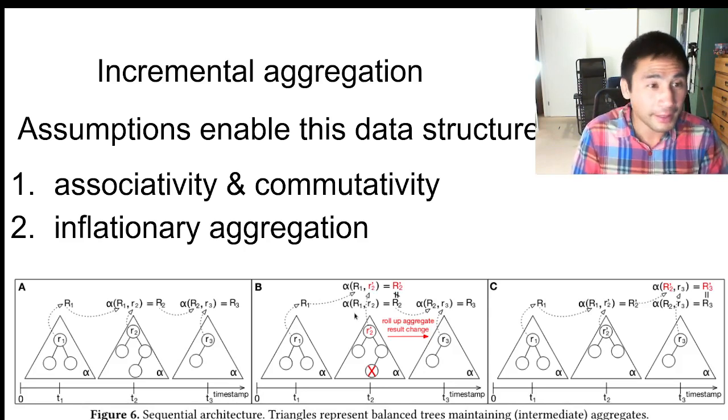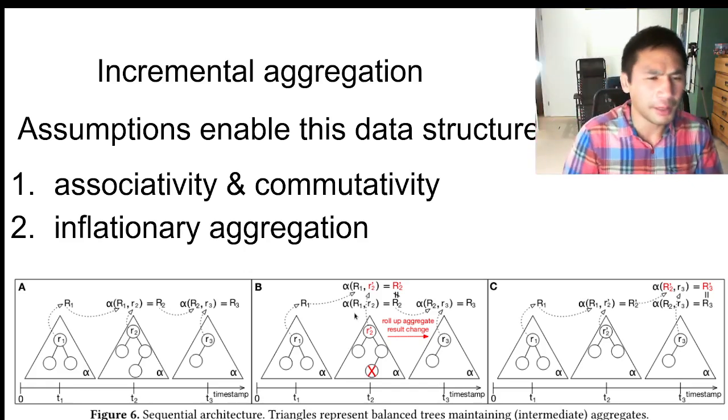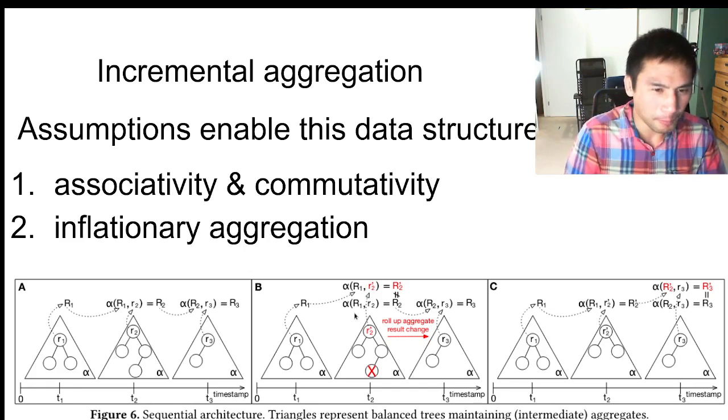Why? Because they enable this data structure. In particular, associativity and commutativity and inflationary aggregation are the key thing here. Let's try to talk a bit about the data structure. On the left in picture A, you have the initial calculation. Because of their assumptions, they know that when the change happens, they get rid of that relation. And so you then get a new data structure, and you can do a roll up of the aggregations, and you get a new result.